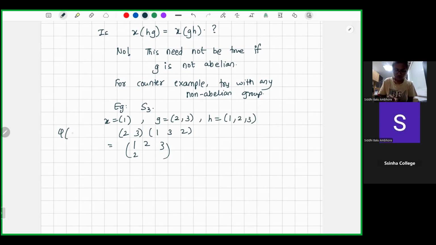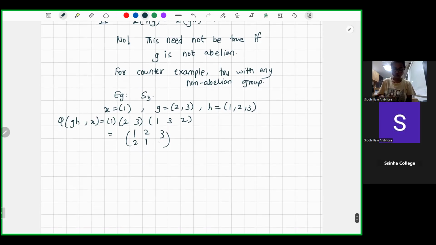So this gh x will be just this (1 2 3), and 1 is going to 3, 3 is going to 2. Okay, there is some problem. Wait, 1 is going to 3, 3 is going to 2, 2 is going to 1, 1 is going to 1, and 3 is going to 2. Sorry, 3 then will go to 3 itself.